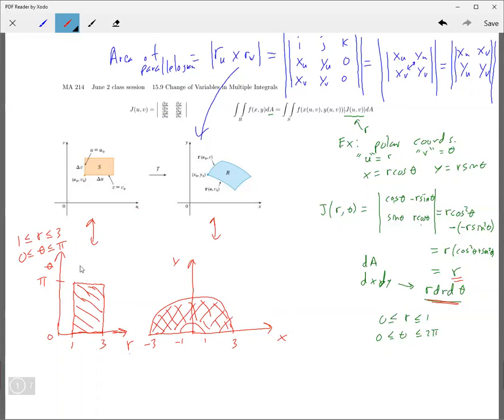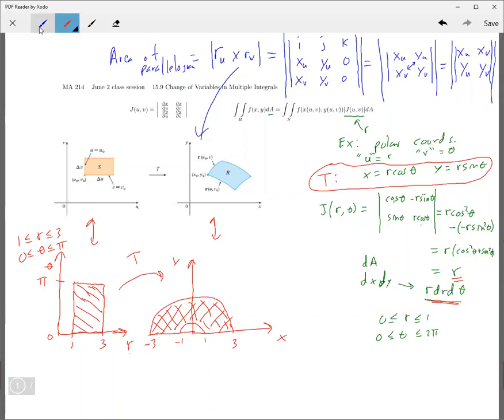So over here, this is the transformation. This is doing that transformation right there, which is x is r cosine theta, y is r sine theta. This transformation takes this rectangle to this shape right here.